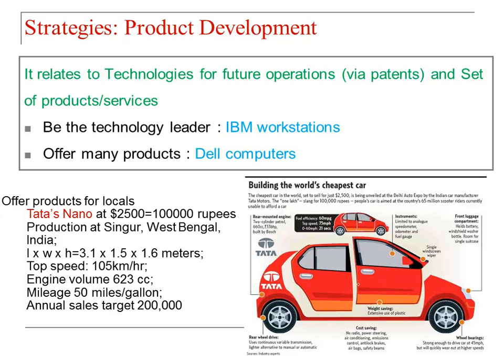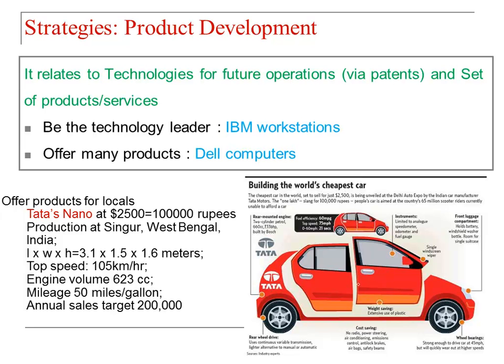Another way to do this is by offering products for the locals. And here is a very interesting example. I don't know if you have heard about the Tata Nano car, which is the cheapest car in the world. They tried to bring it to the United States, but it was not able to pass the safety test. But this is a car that is in India.